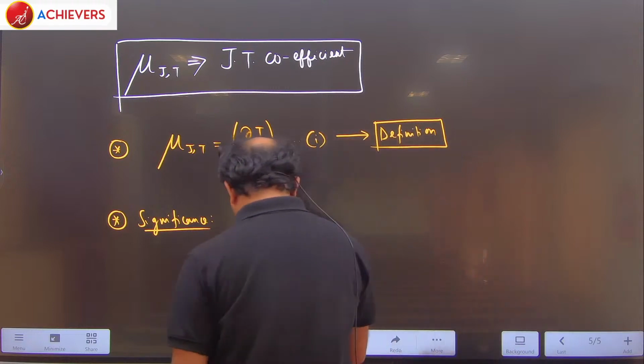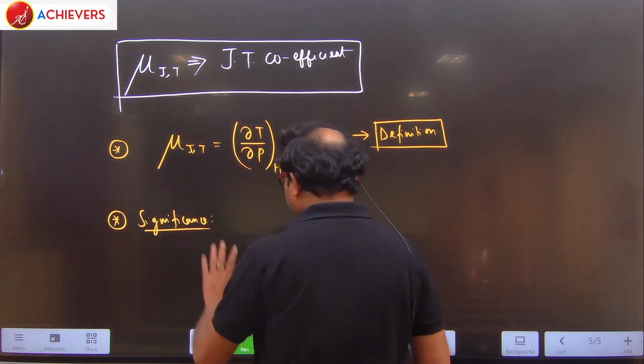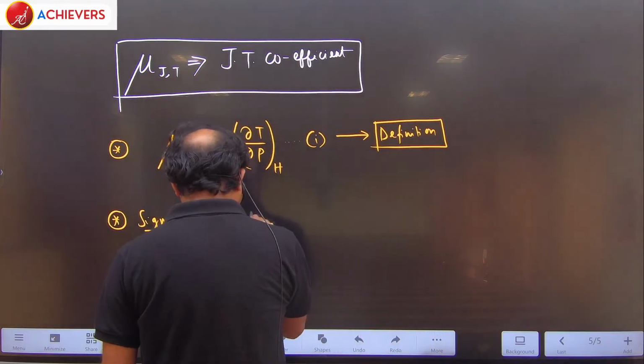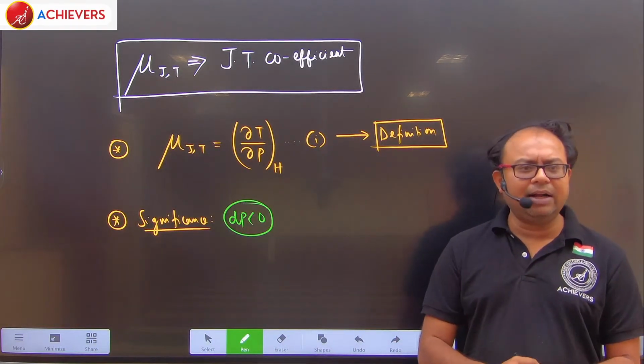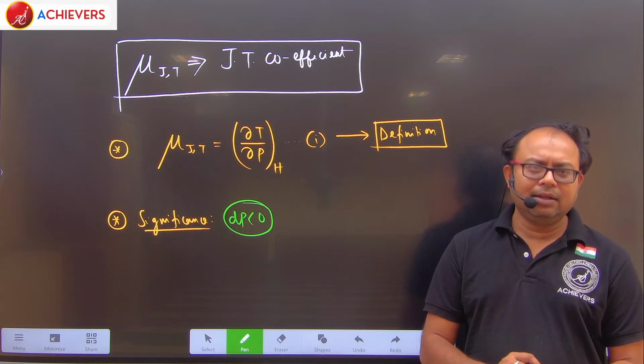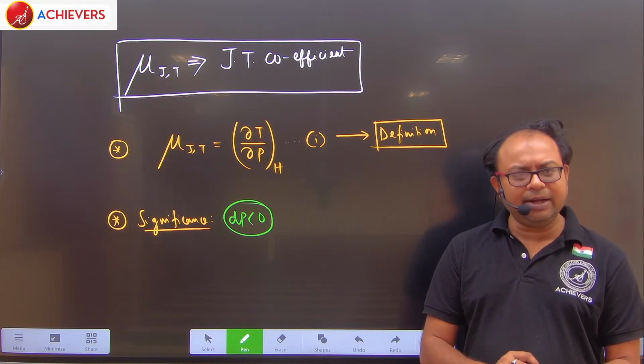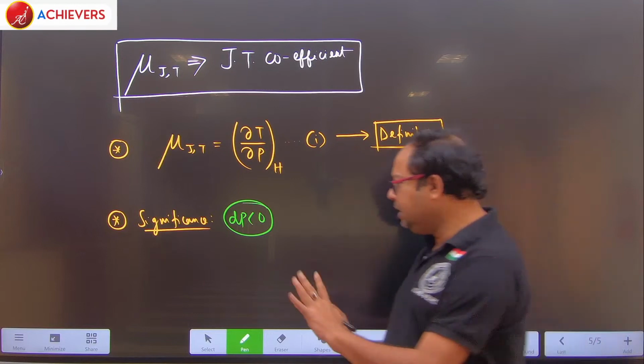You see, dP is always negative. This is the fundamental condition pertaining to the Joule-Thomson effect.